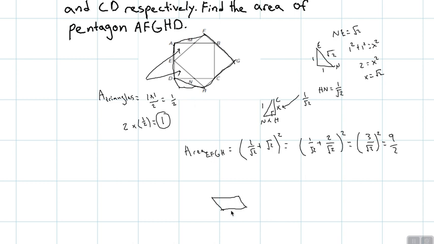We know that this one side length is 1, but we don't know the height. The area of a parallelogram is base times height, so we just need to find out what the height h is. We can find that if we just look at this right here.